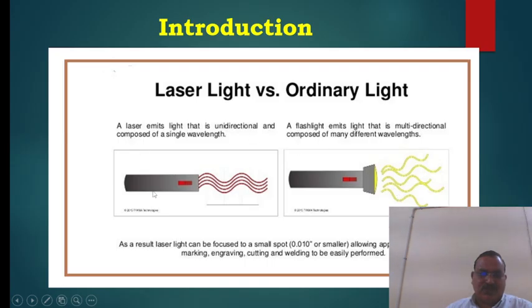But as we see on this side of laser, the light is unidirectional and composed of a single wavelength. That's the beauty that we have gained, the output like a highly coherent beam from the laser. What, why, and how this laser works, that's very important to understand.